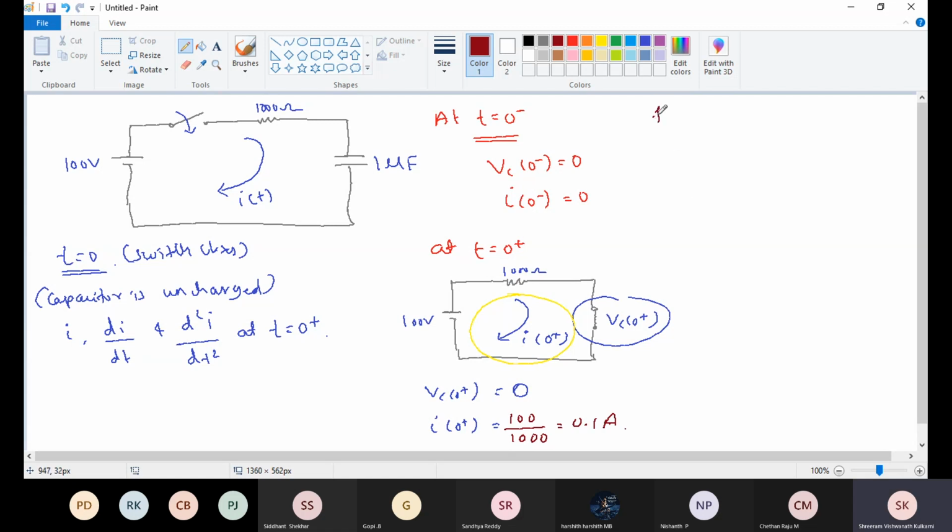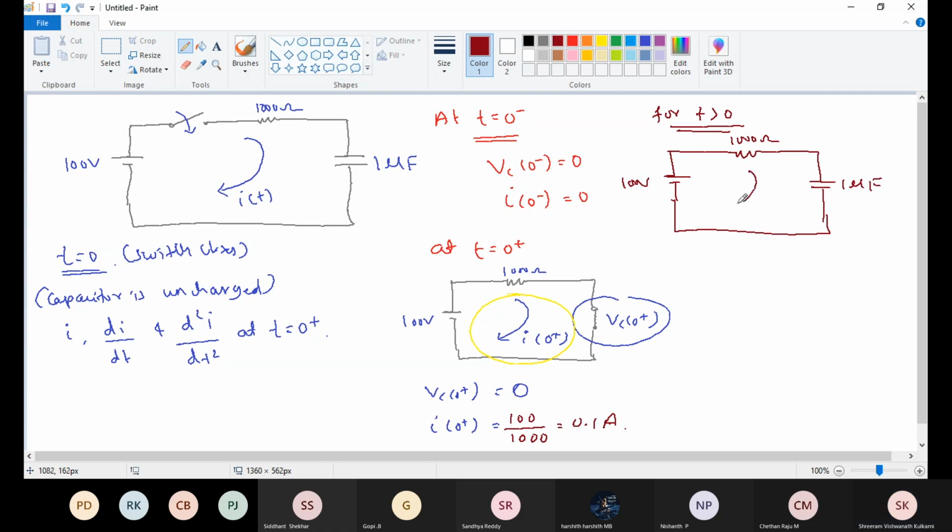Now next, for t greater than 0, I am going to redraw the circuit. This is 100 volt, this is 1000 ohm, this is 1 microfarad, and the current is i of t. Apply KVL.